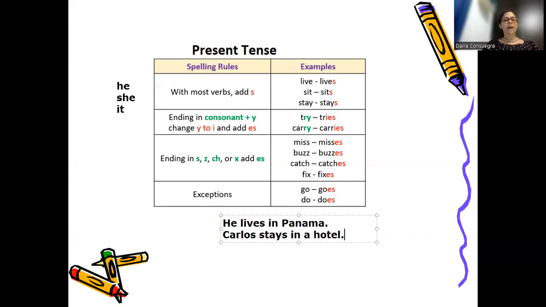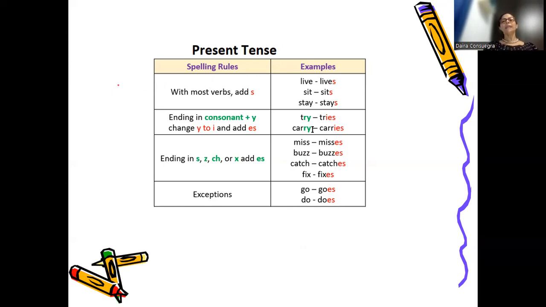But what happens when the verb ends in Y? We have to change the Y into I and add ES. For example, the verb try ends in Y, but has a consonant before. I'm going to eliminate the Y and add the I, la I latina, and ES.